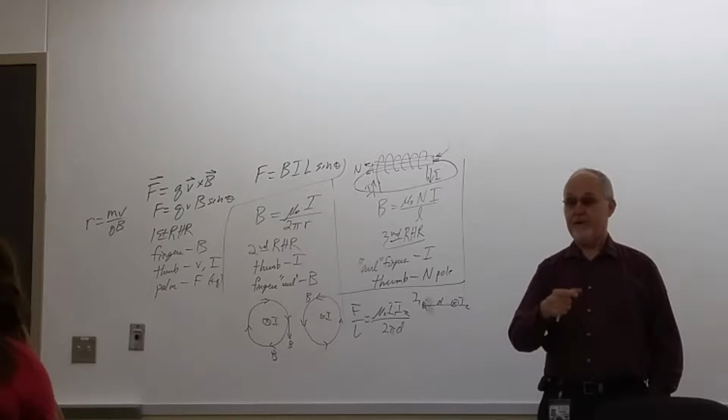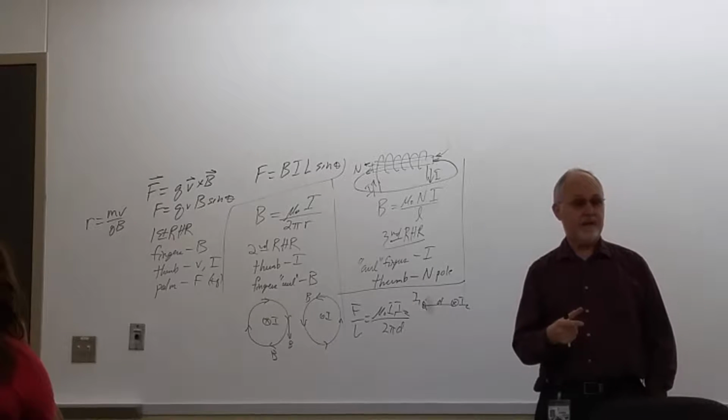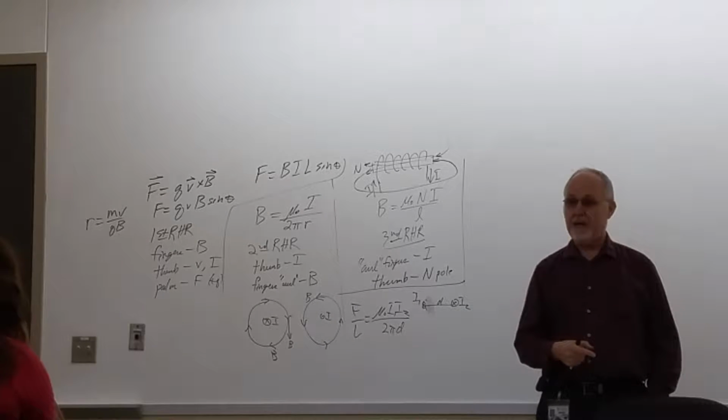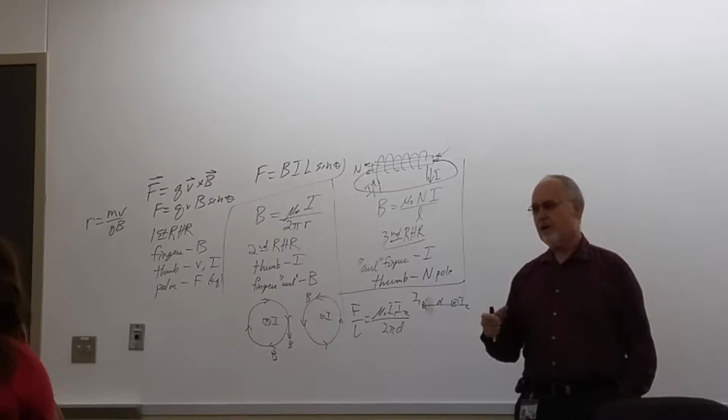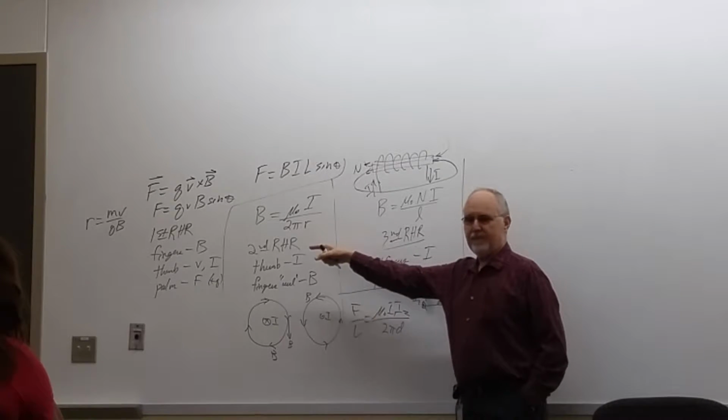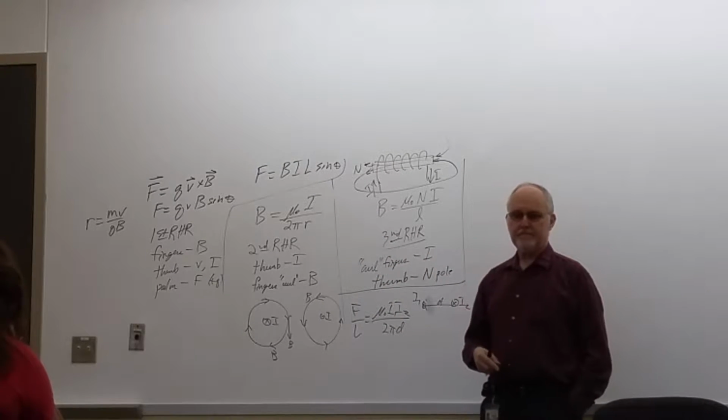The compass needle is affected by the Earth's magnetic field, but it's also affected by that current going through the wire, depending on which way it's going and where the compass needle is. And so he was able to show that, yes, currents do produce magnetic fields going around that current.